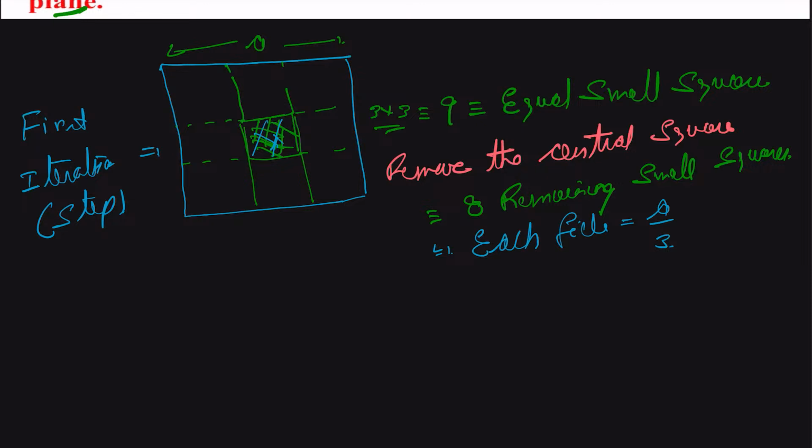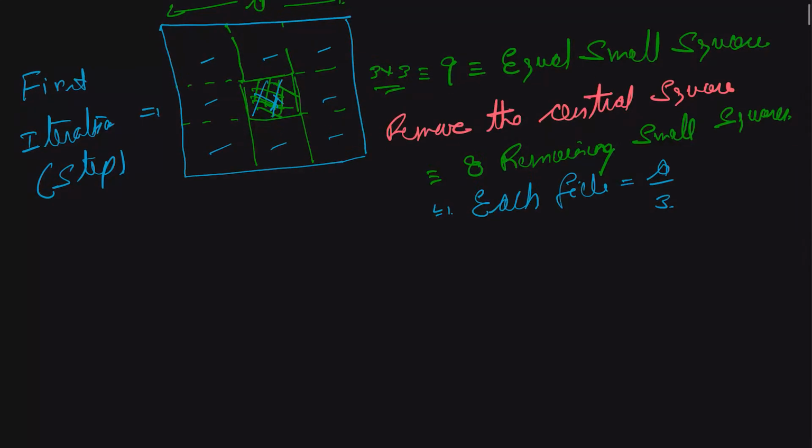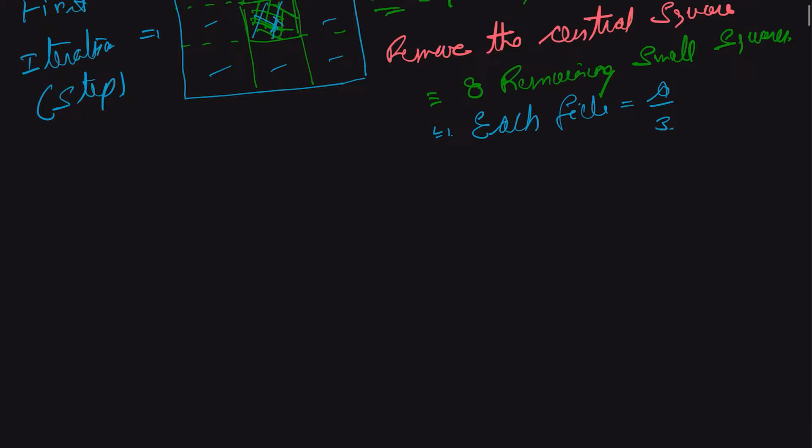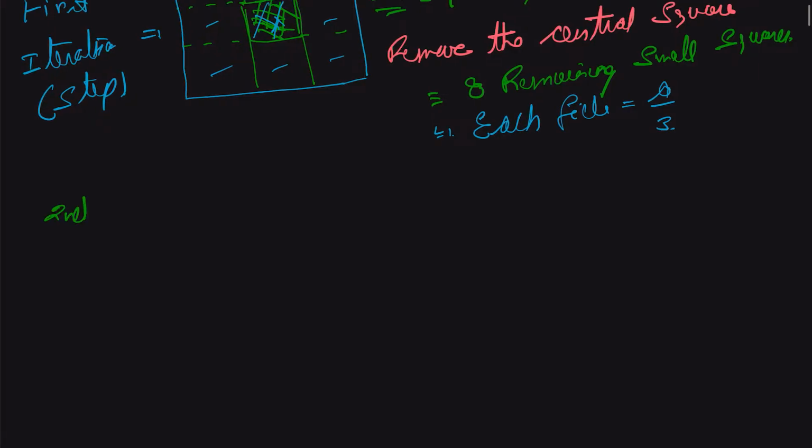Now we are left with these 8 squares, 1, 2, 3, 4, 5, 6, 7 and 8. So suppose we pick the first one, and here also in the second iteration, once again we are going to divide it and remove the central one.